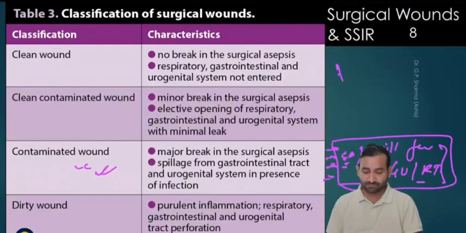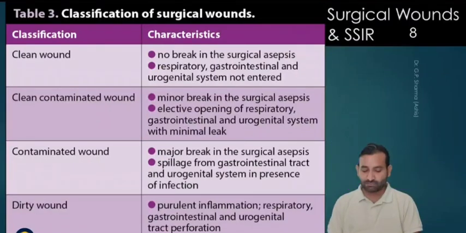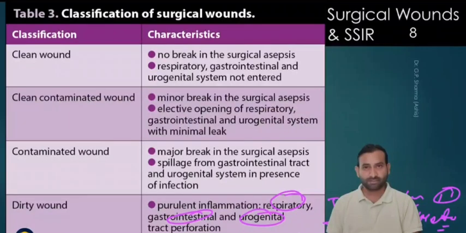So dirty wound we have. Now the dirty wound means any traumatic wound, right, which is present after 6 hours. First point. Another point, yes, of course, we enter into the respiratory, gastrointestinal, and urogenital tract, right? And there is a gross presence of foreign bodies, or necrotic tissues present over there. Is that okay? Right?